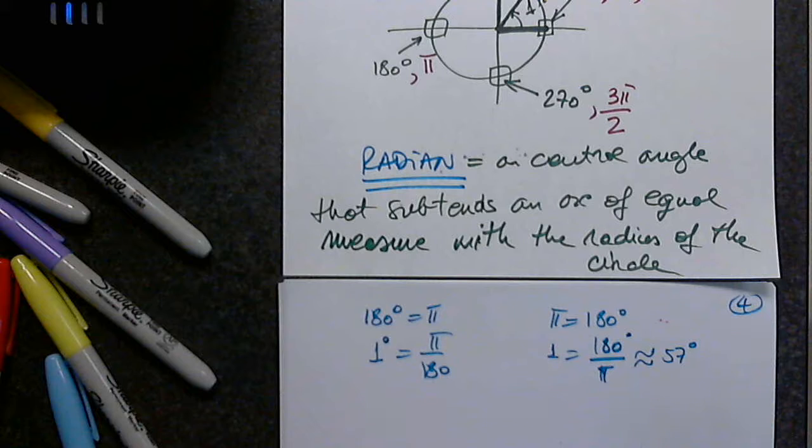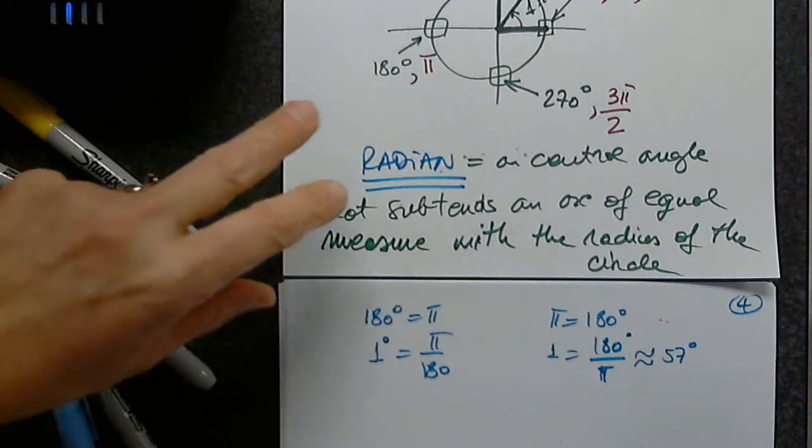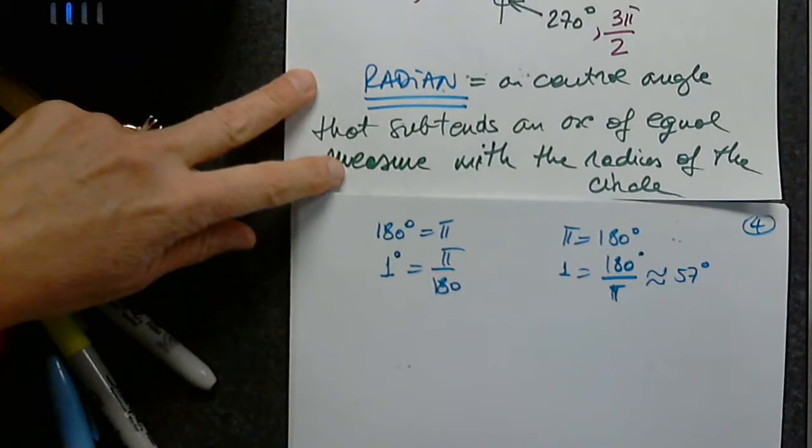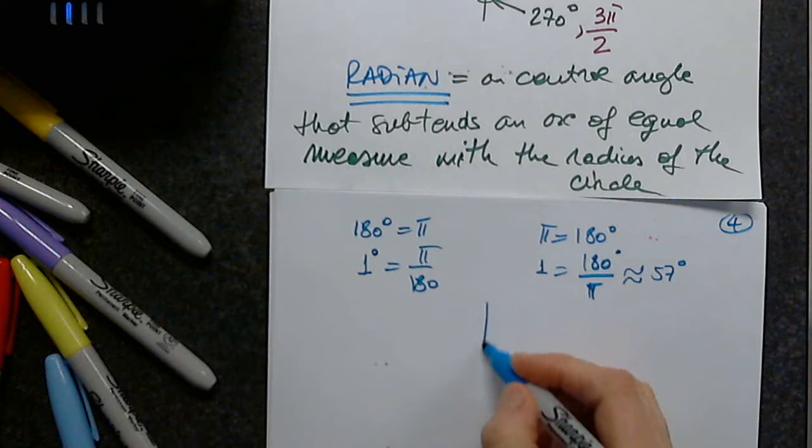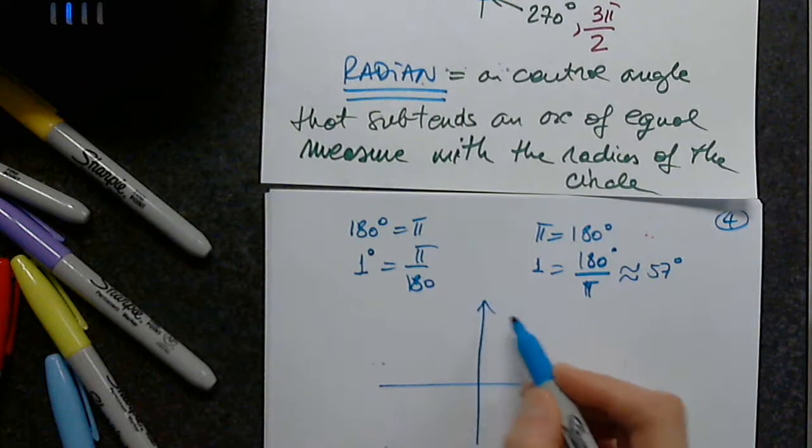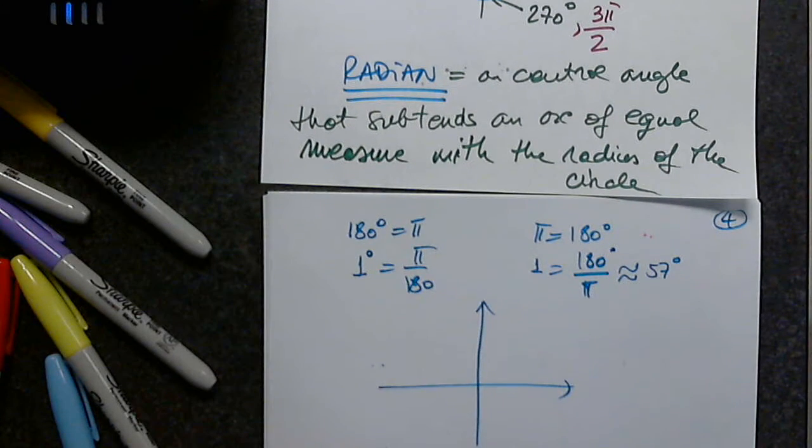Here's your pi right here, hidden under the caret with the second key, 57 degrees. So now, if you say graph an angle in standard position of 3 radians, I'll say, okay, 3 times 60 is 180, but it's somewhat short.